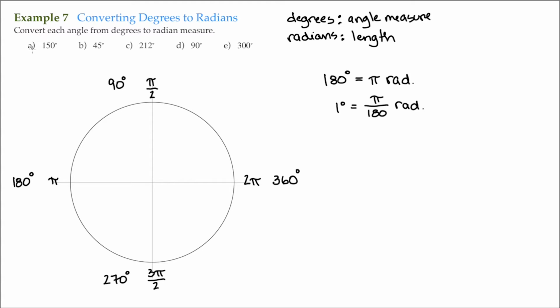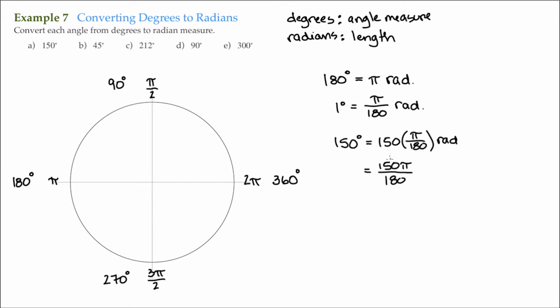150 degrees, that's for letter A, is going to equal 150 times pi over 180 radian, which is the same as 150 pi over 180.